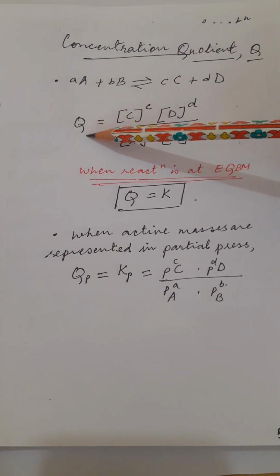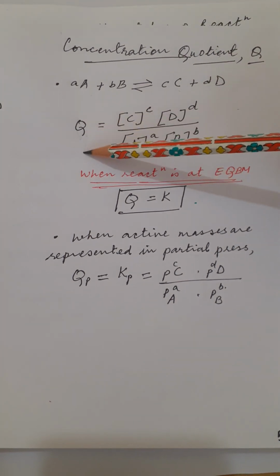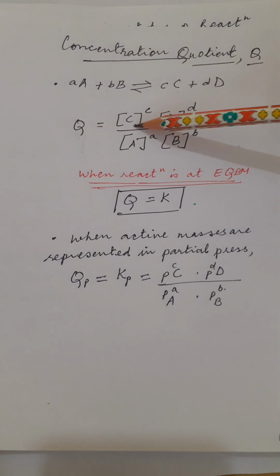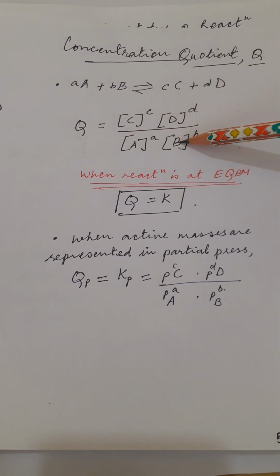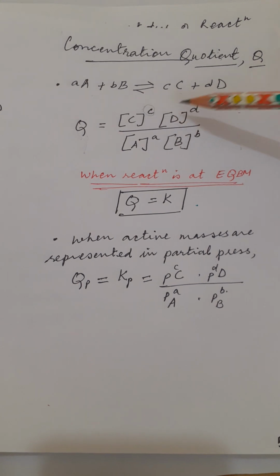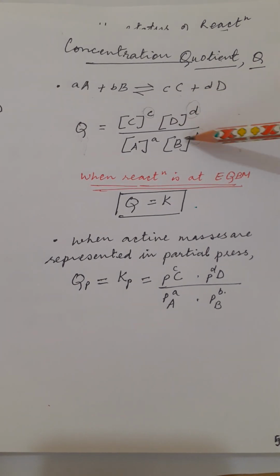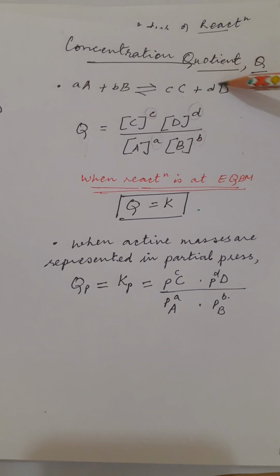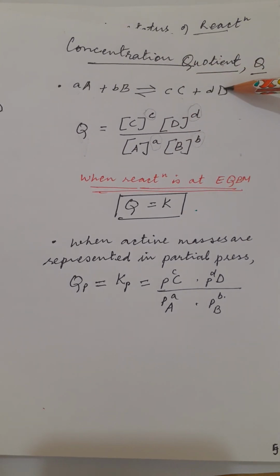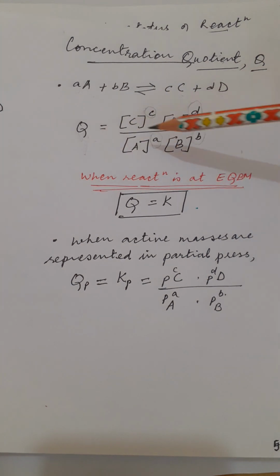My concentration quotient Q would be the answer to my division, which is the quotient. Division of what? Product concentrations upon reactant concentrations. Do not forget that each concentration term has to be raised to the stoichiometric coefficient which is appearing in the balanced reaction. This is known as concentration quotient.